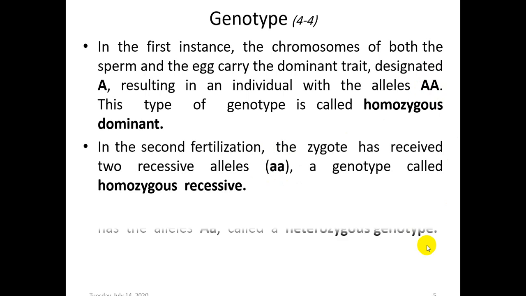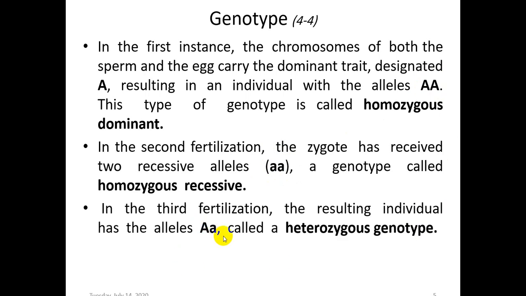The third possibility is A, no matter from father or mother, it could be either of them. However, this is pigmented as well, because this is the dominant. If you got one capital A, the phenotype will be colored skin. So AA, or small a small a, or capital A small a.